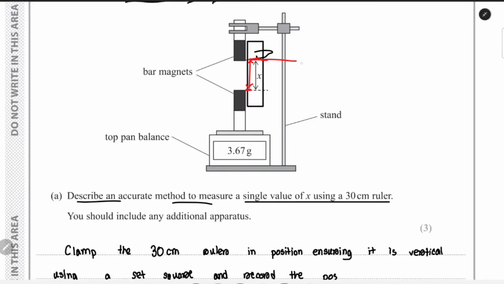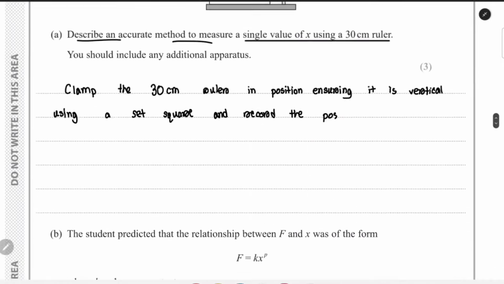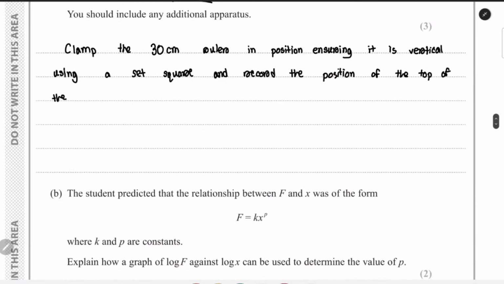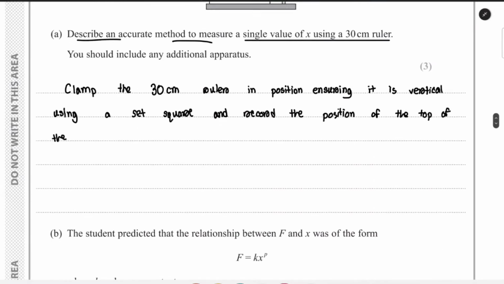So this value will be d1, this value will be d2. d2 minus d1 will be x. Instead of talking about subtracting this, you can also talk about the difference, record the difference between the positions.